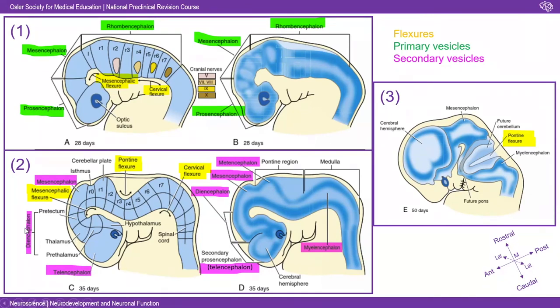These are both forebrain structures, and the telencephalon has these two big bunny ears, if you like, and they will eventually form the two hemispheres of the cortex.